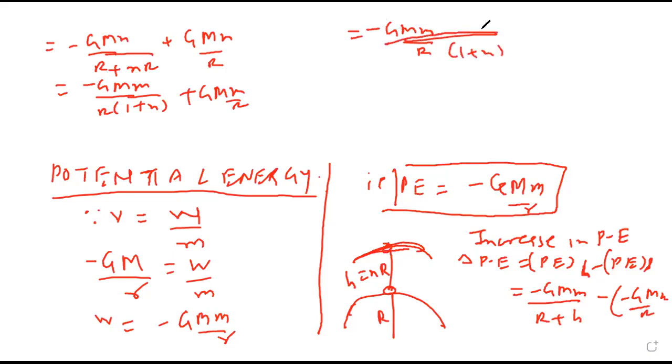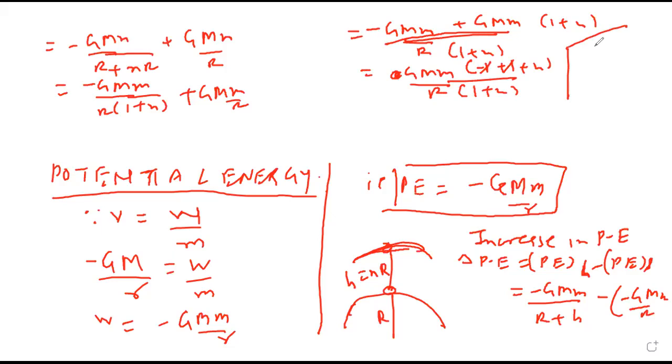So minus this plus GMm into 1 plus n, so GMm upon R into 1 plus n, inside: 1 plus n minus 1, the 1 cancels, upon capital R. So GM I can write as R square g, into small m upon R, n upon n plus 1, one R cancels, n upon n plus 1.